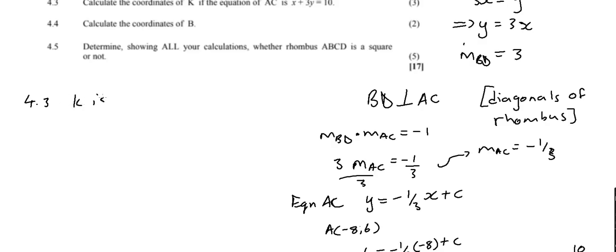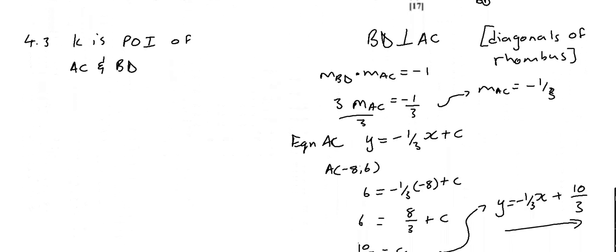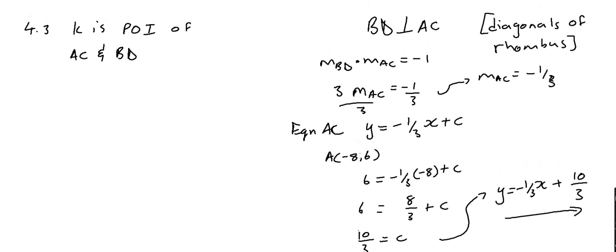K is point of intersection of AC and BD. So what does that tell us? It tells us that we can take the equation of AC, and say negative 1 over 3x plus 10 over 3 is equal to the equation of BD.